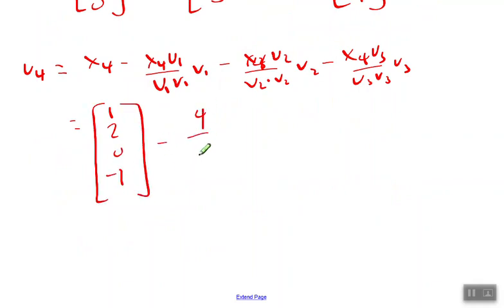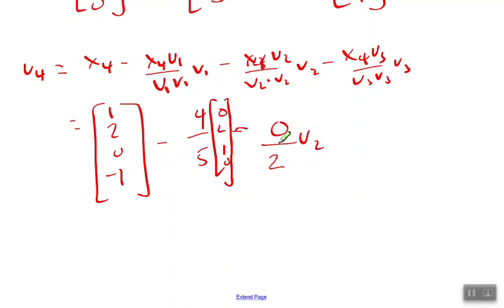Minus, just doing the math on that vector, the magnitude of v1 is still going to be 5. And I didn't squeeze in my vector 1, which is 0, 2, 1, 0.